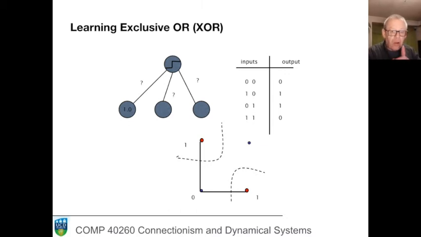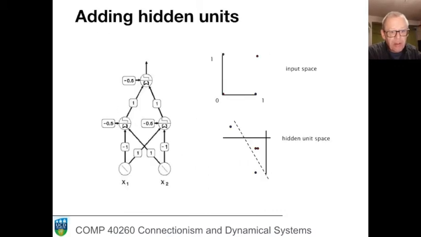And furthermore, in the 1960s and 70s, it was known that if we were more generous with our architecture and we used hidden units, then we could find weights that would solve this problem. So up on top, I've shown the input space with the patterns as before. The network now has 2 hidden units. They are likewise stepwise activation function units.